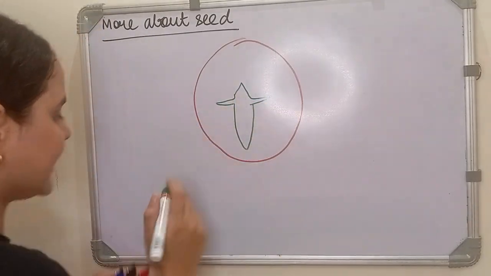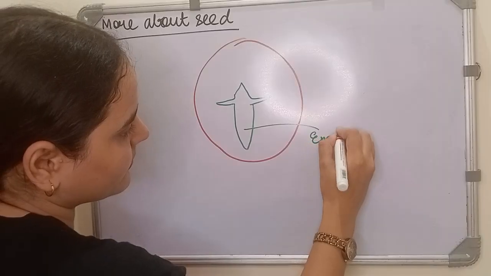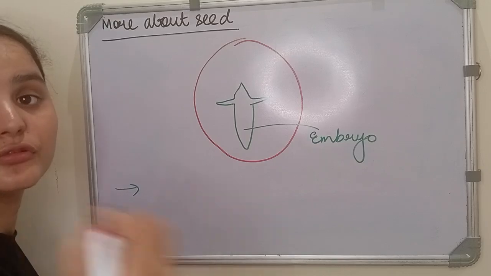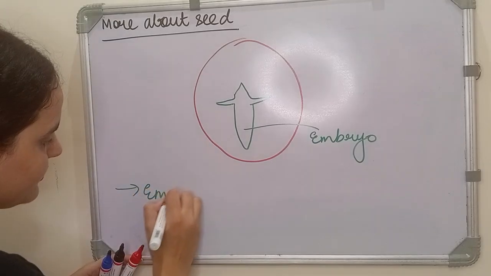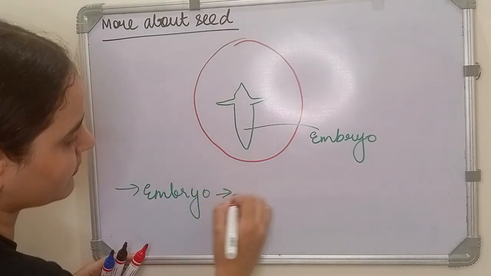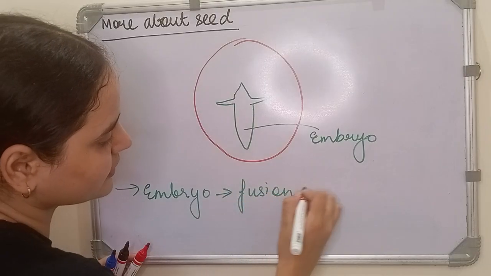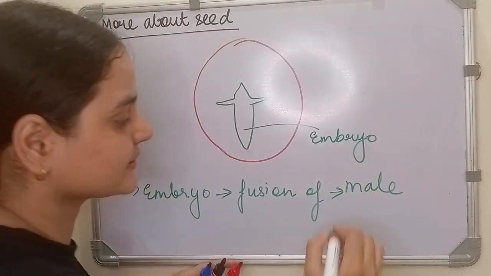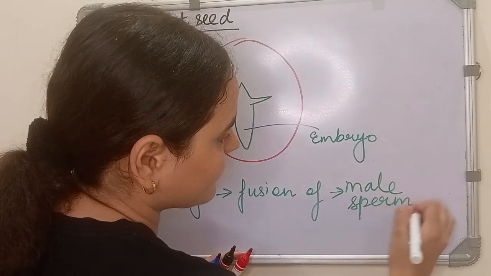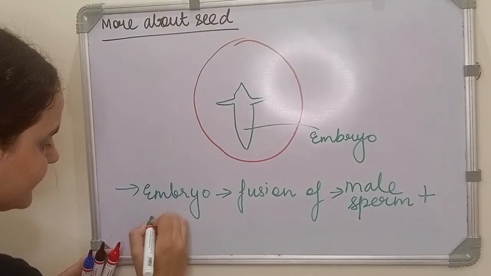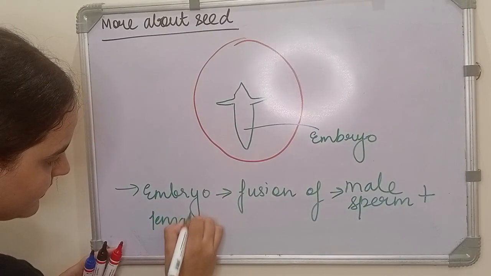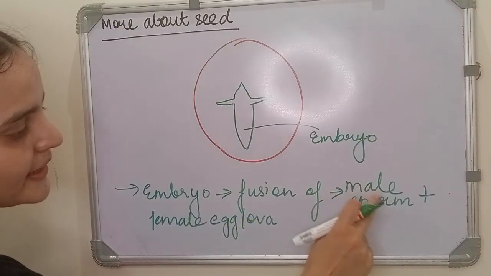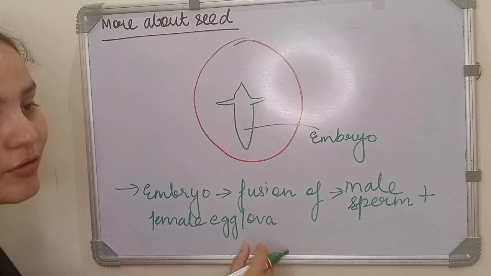Okay, this embryo is formed with the fusion of male sperm nucleus and the female egg or ova nucleus.